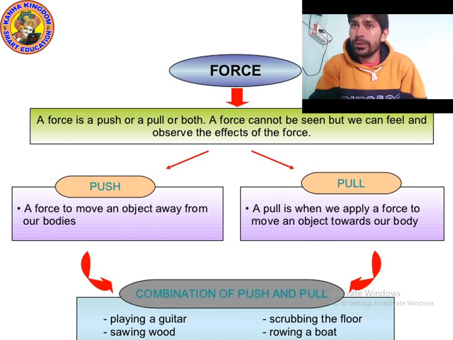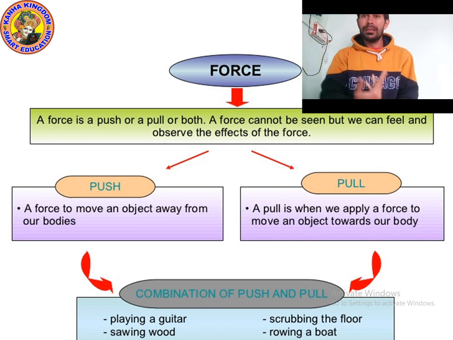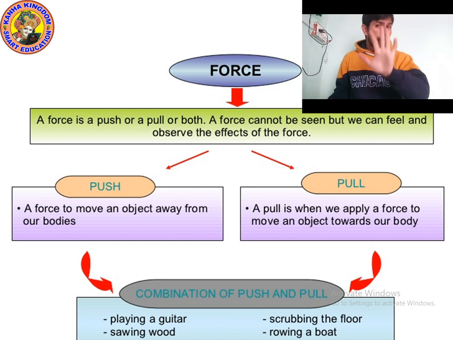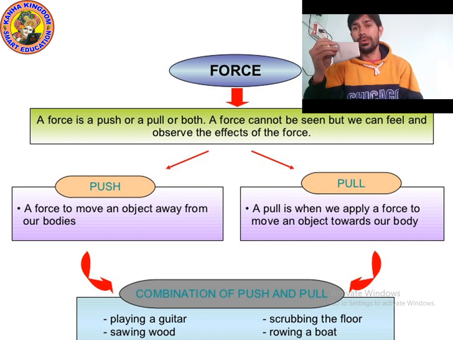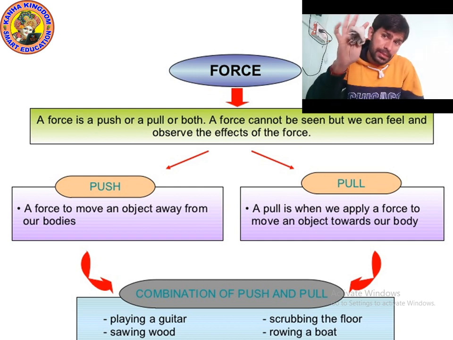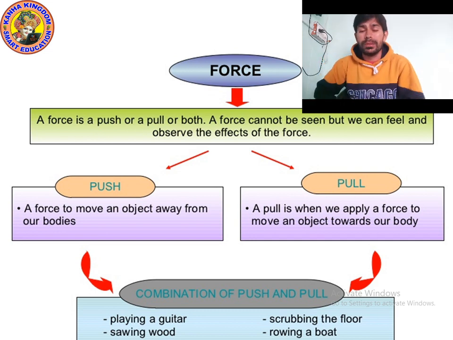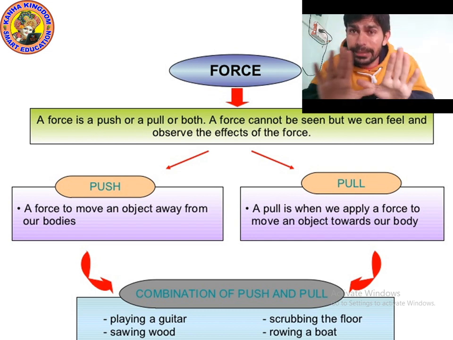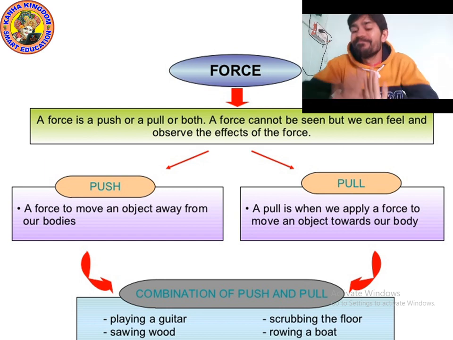A force cannot be seen, but we can feel and observe the effect of force. For example, I have this handkerchief. Now I apply force, and the shape of this handkerchief has changed. This is due to force. If I apply force on the table, the table will move.